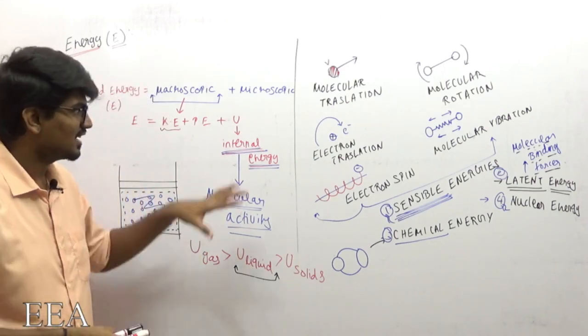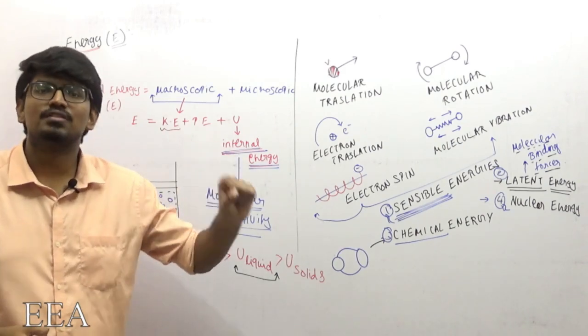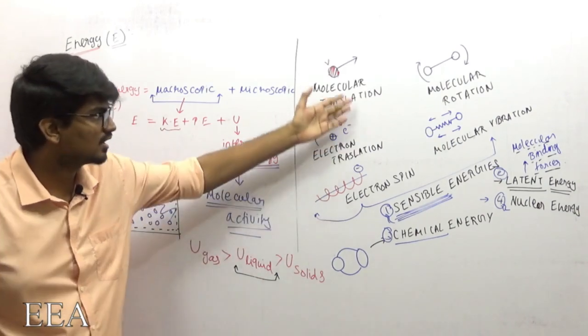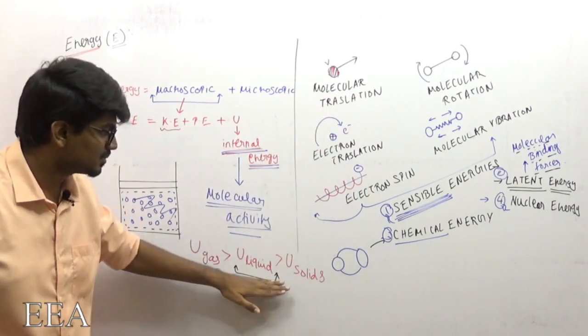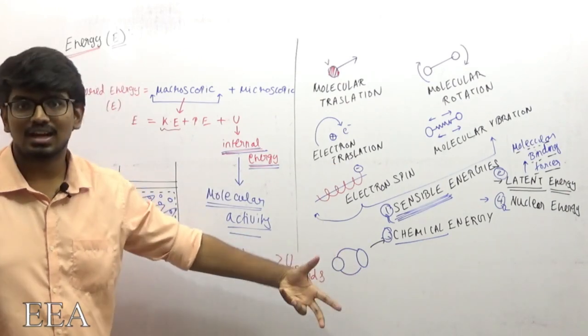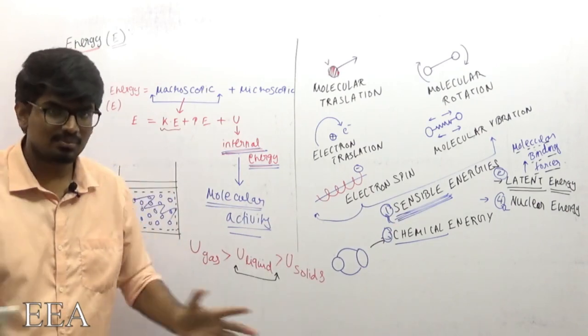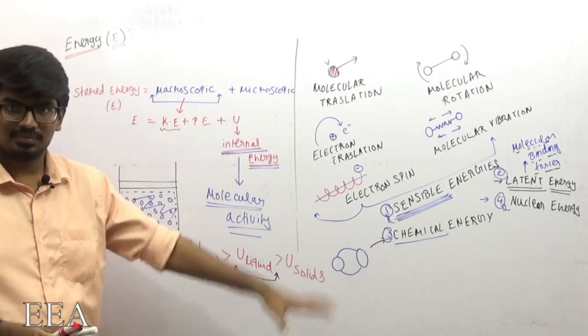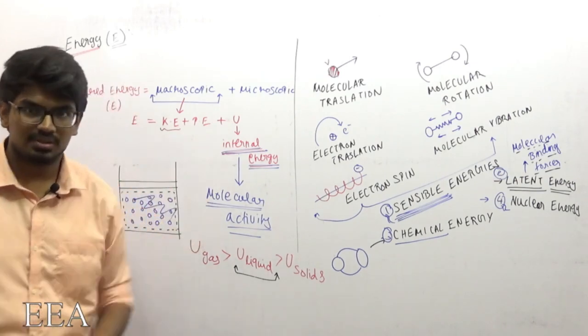So internal energy is nothing but the sum of all the molecular forms of energy, either molecular kinetic energies, that is with respect to motion, or with respect to phase change, or with respect to the bonding inside the atom, or bonding inside the nucleus. Everything combined is internal energy.